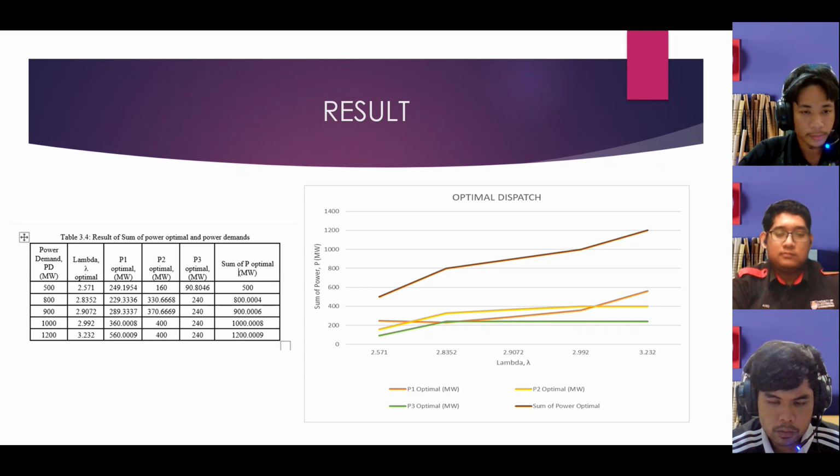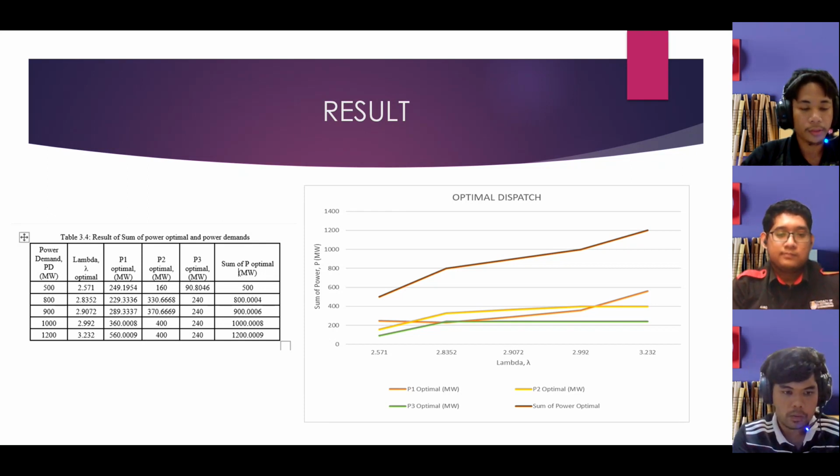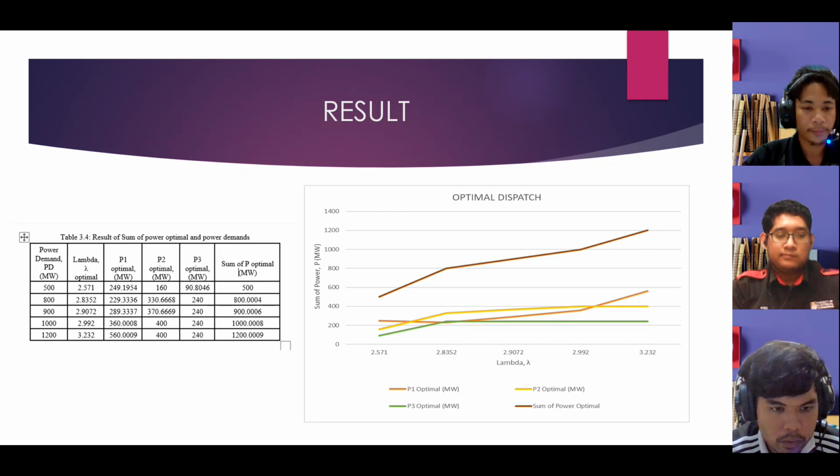At the 500, the P2 will get minimum power, because to support the P1 and P3 power, P2 has to activate at the minimum power to get the 500 power.